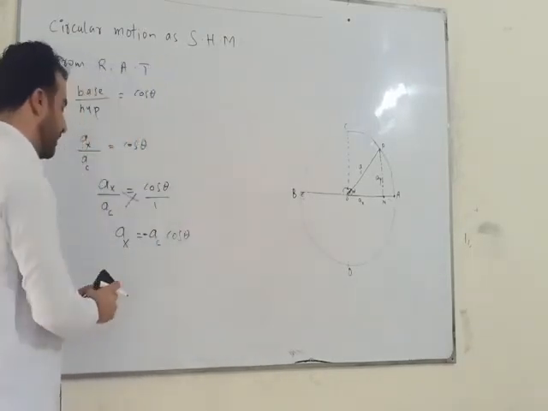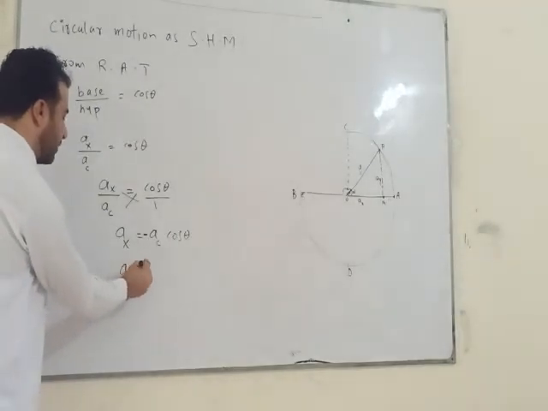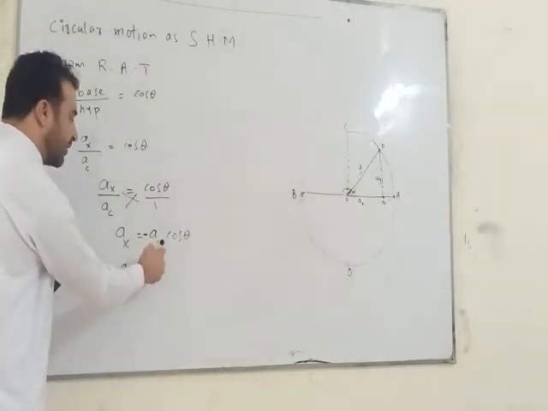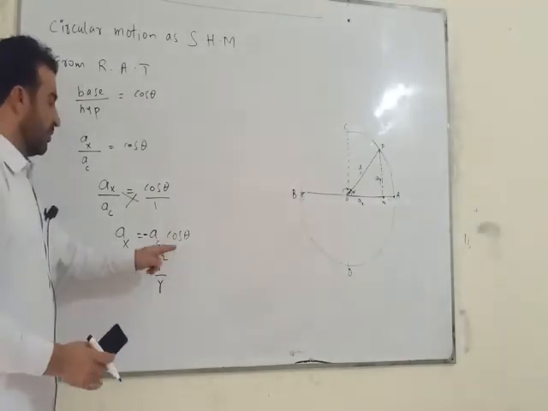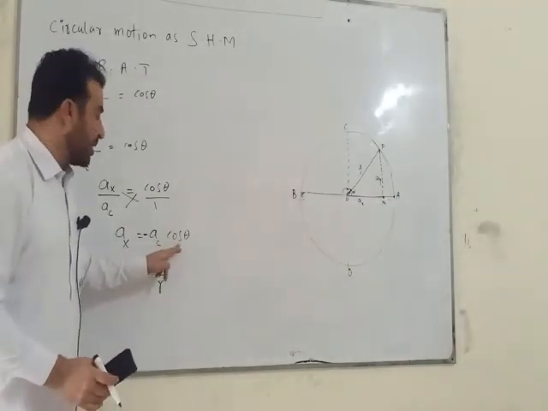Now, having said that, we already know that centripetal acceleration is V squared divided by R. And what should I put for cos theta?